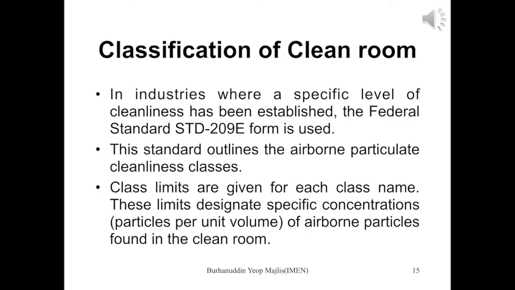Classification of clean room. In industry where a specific level of cleanliness has been established, the federal standard STD 209E is used. This standard outlines the airborne particulate cleanliness classes. Class limits are given for each class name. These limits designate the specific concentration of airborne particles found in the clean room.